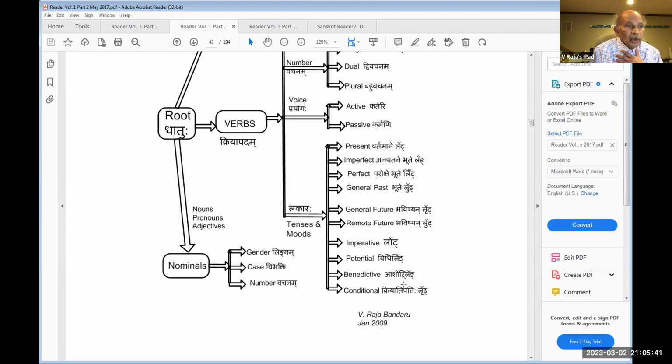But we are not going to do a lot of this. We do these two, lot and vidhiling, extensively, and we do the lat and lung. These four, because they belong to one group, the procedure looks similar.